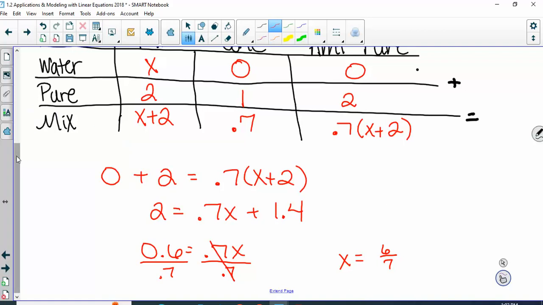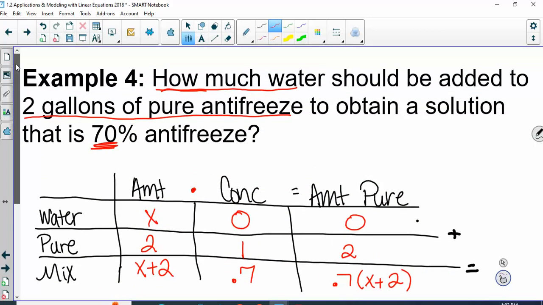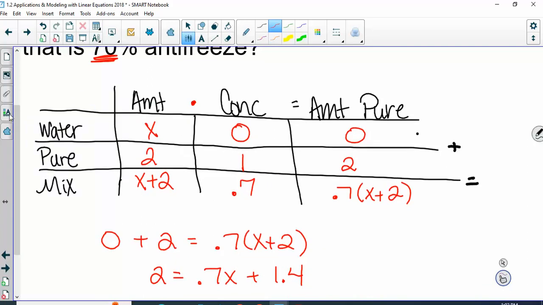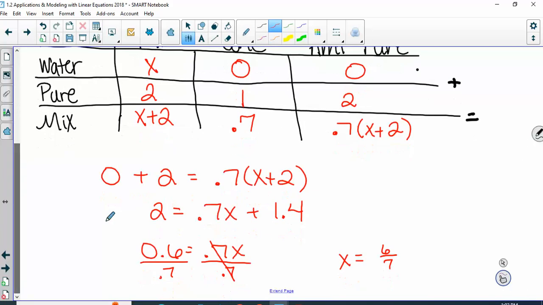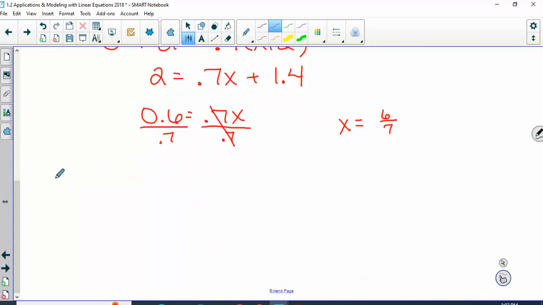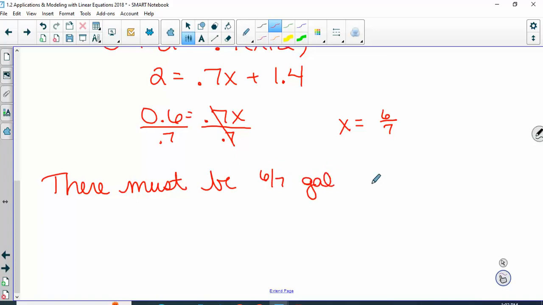So going back, the question said, how much water? X was the amount of water. So there must be 6/7 of a gallon of water in the mix to dilute it down to 70%.